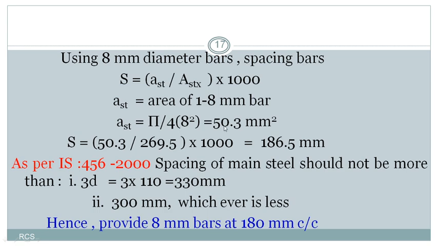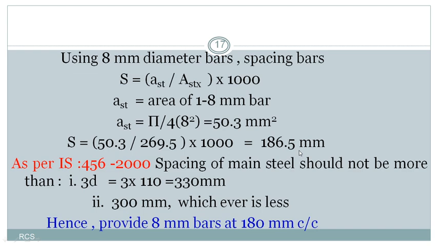If you simplify that, we'll get 50.3 mm². Now substitute small ast and Astx, which we have already calculated. Then we'll get the spacing: 50.3 / 269.5 × 1000 gives 186.5 mm.